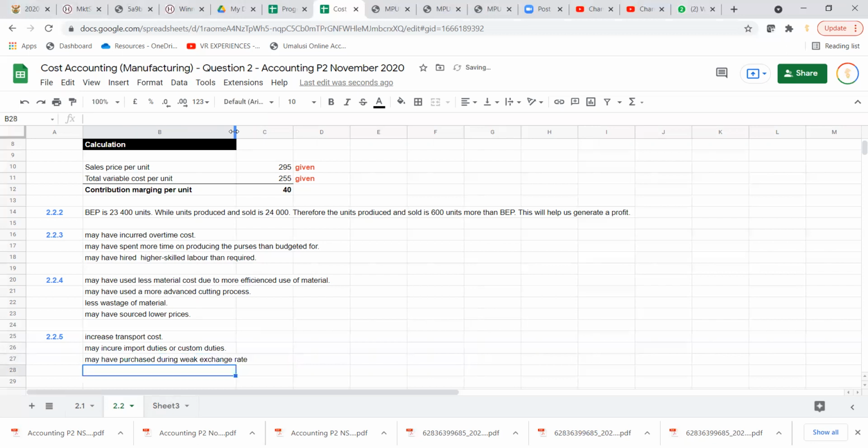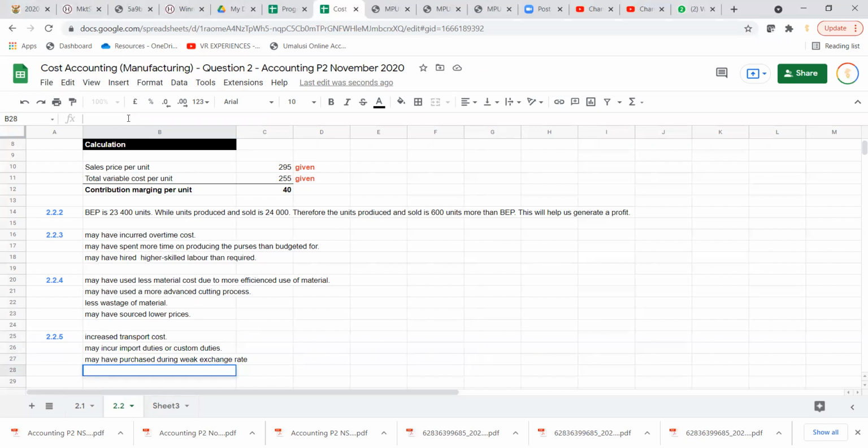So remember: increased transport costs, may incur import duties or customs duties, may have purchased during a weak exchange rate.